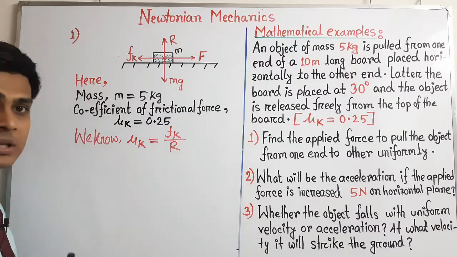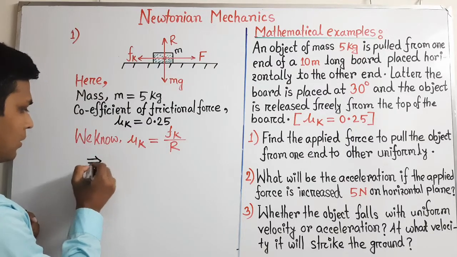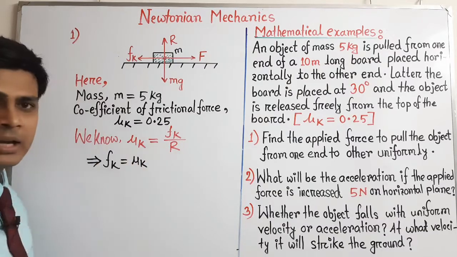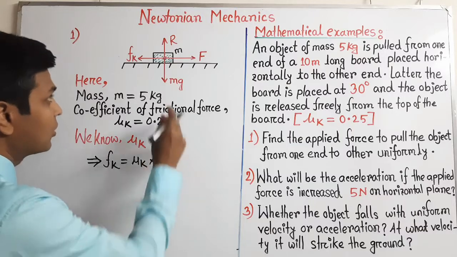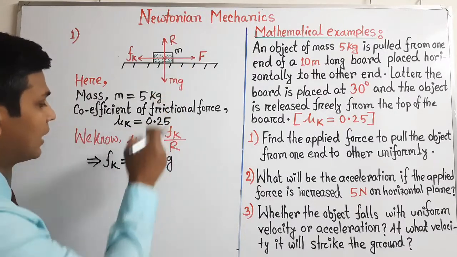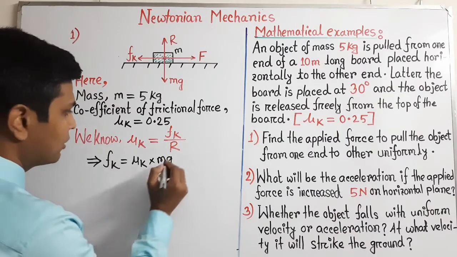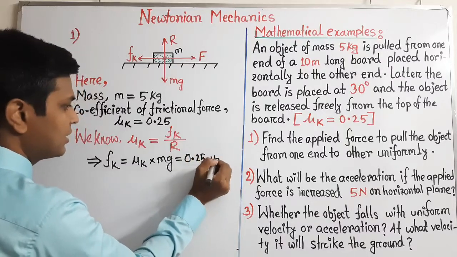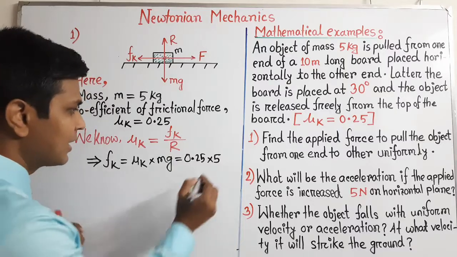Now if you want to calculate the frictional force, we can write Fk equals nu k times R, and the value of R is mg, because the reaction force is always equal to the weight. Now if we put in the values: nu k is 0.25, mass is 5 kg, and g is the acceleration due to gravity, whose value is 9.8.